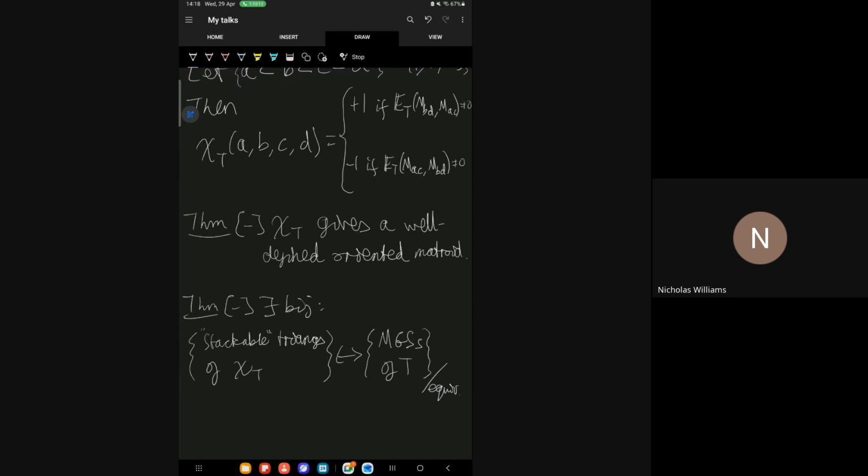If you look at the image of that tilting object in the cluster category, then you get a cluster tilting object. And there must presumably be some relation between maximal green sequences of that cluster tilting object and maximal green sequences of that quotient of A_n. Off the top of my head, I can't think precisely what that relation is, but you're right that one should also be able to say something about those cases. But I'm not sure exactly what.